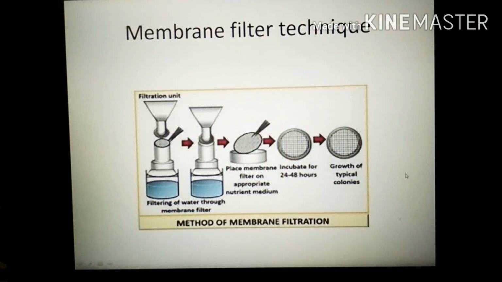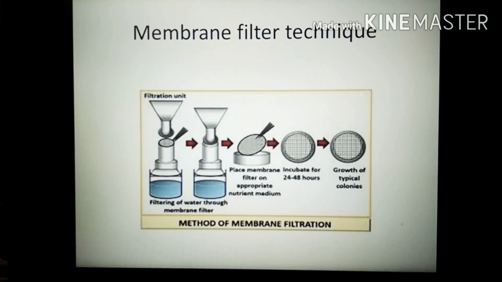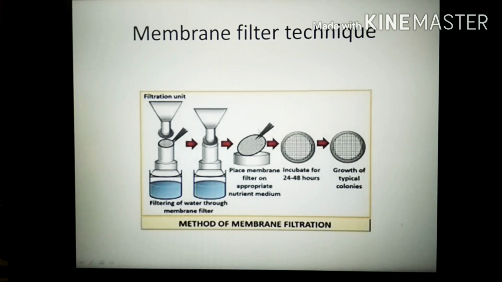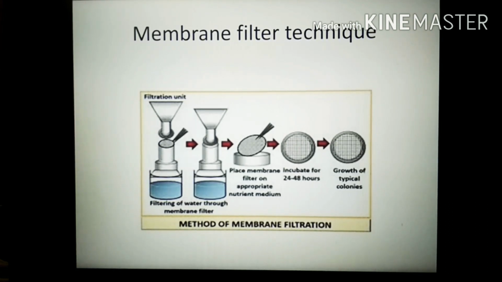This is what I was talking about, the membrane filter technique. This is the simplest and most recent method adopted for detecting and measuring the presence of coliform bacteria. It is to filter a water sample through a sterile membrane of a special design. The porosity of this medium is 5 to 10 micrometer, on which the bacteria will be retained after passing of water.